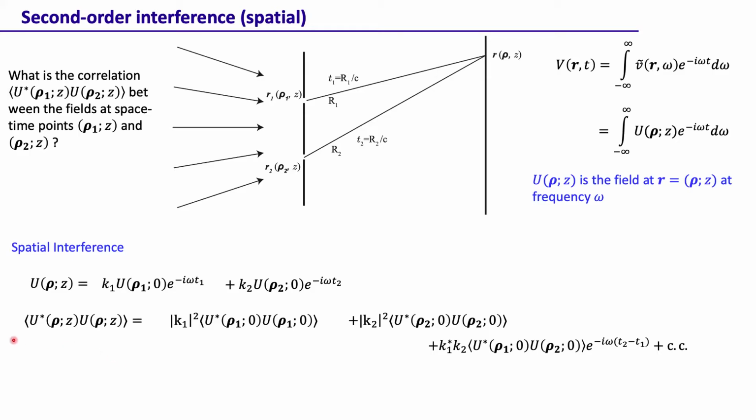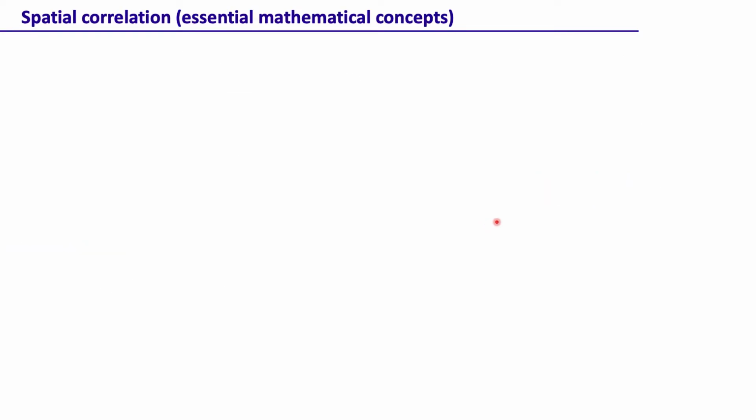So again we see in the spatial second order interference that by looking at the intensity at the detection point, we are able to obtain the correlation information at the source point. Here we have defined the source point to be the z equal to 0 plane, and the observation plane is z equal to z.